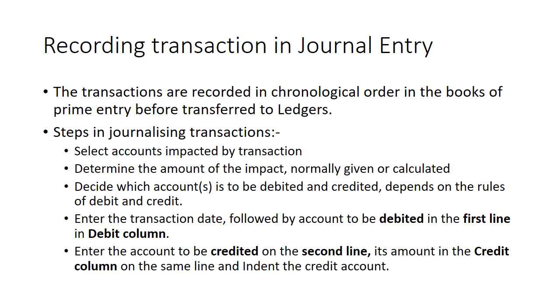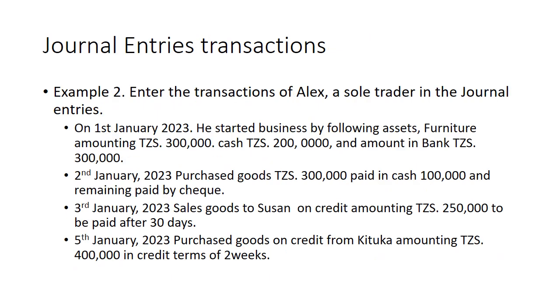Number 4 is to enter the transaction date followed by the account to be debited on the first line in the debit column. Number 5, enter the account to be credited on the second line, with the amount in the credit column on the same line, and indent the credit account.